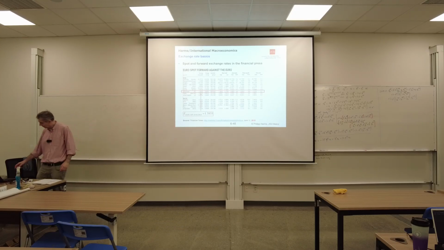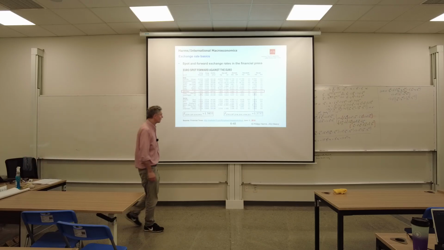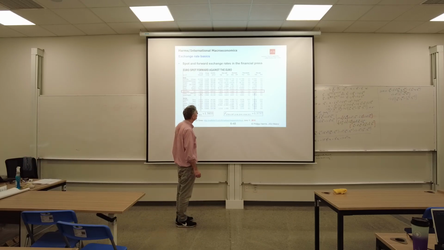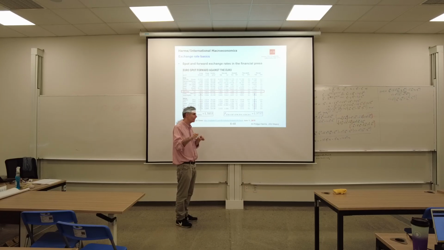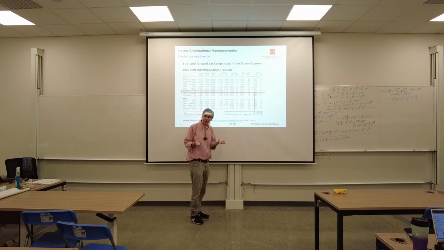Now suppose you wanted to buy the euro 1 year ahead. So suppose you said, I'm a Swiss buyer, I want to buy euros, but I want to have the euros in a year. I don't want to have them today. But I want to agree on the price that I will pay in a year. Now, since these are very liquid markets, we can report the prices that were paid on average for these forward contracts, 1-year forward contracts.